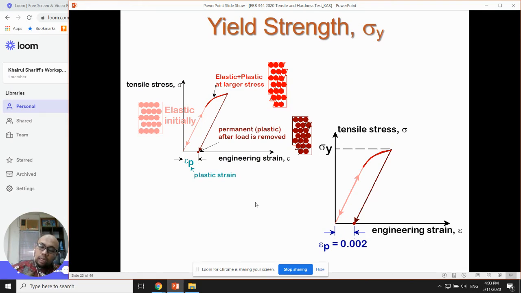Let's say you climb Everest, and then you feel exhausted, and when you are exhausted, definitely you will return back to the base camp. Meaning that you are still in elastic mode. You want to go far but cannot reach that point, and then you go back to the original position at the base camp.